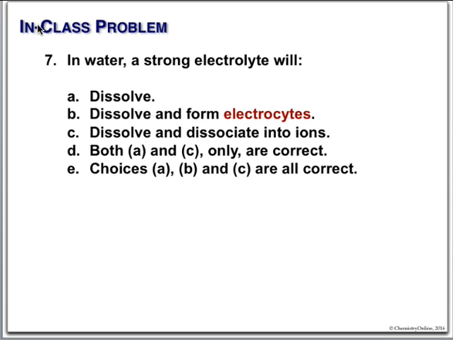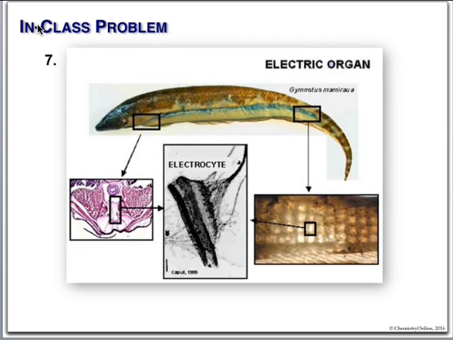So what the heck is an electrocyte? That's a cell in an electric organism. Cyte means cell. This is the cell right here that actually produces the current in an electric field. But it has nothing at all to do with dissolving things in solution. That would be an electrolyte, not electrocyte.